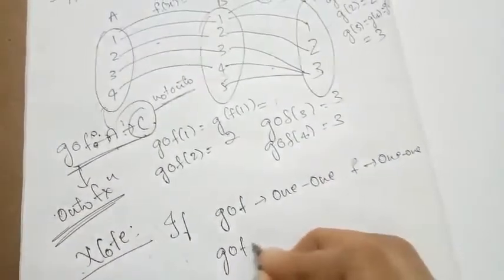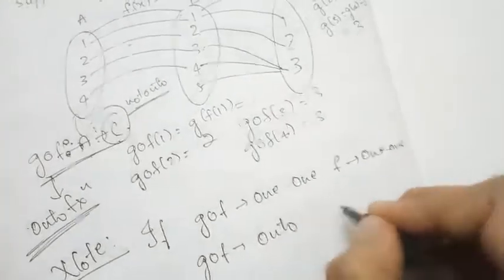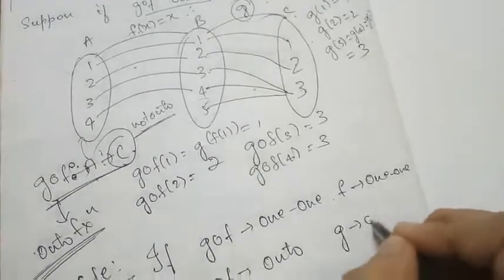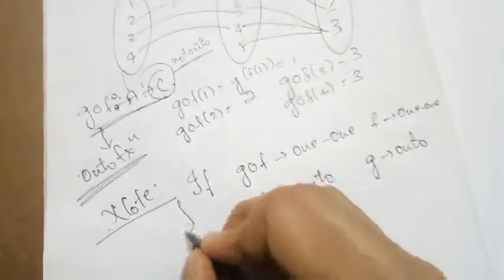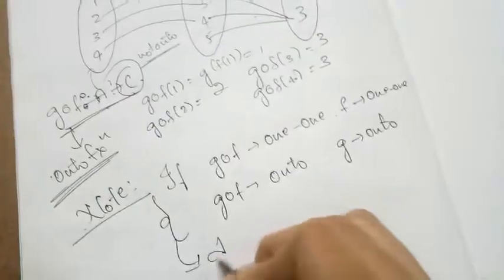You can see here. And again, if G of f is onto, then G is also onto. This is a pakka result, or what we can say, a derived result.